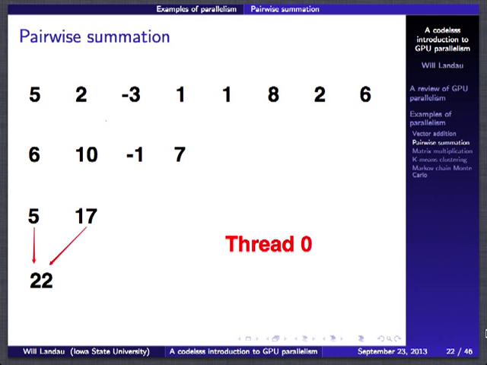Now, we only needed 3 stages, which is log base 2 of the number of elements in our vector, which is 8. So we have log base 2 of 8 sequential stages, and within each stage, things happen in parallel.